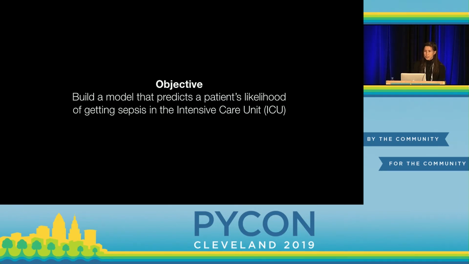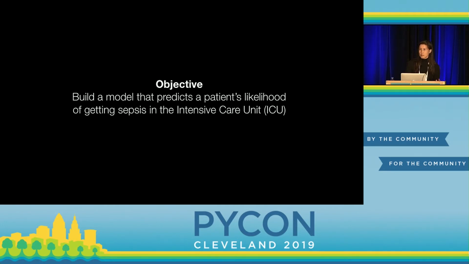That being said, early stages of sepsis can be hard to detect. And while there are some risk factors for sepsis, it's very difficult for a physician to predict who will get sepsis and who will not upon admission. In this case study, we propose a model that predicts a patient's likelihood of getting sepsis during their stay in the intensive care unit.